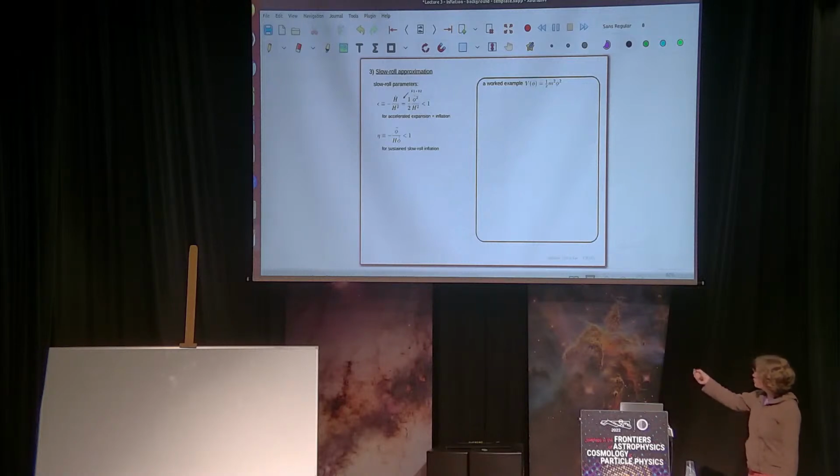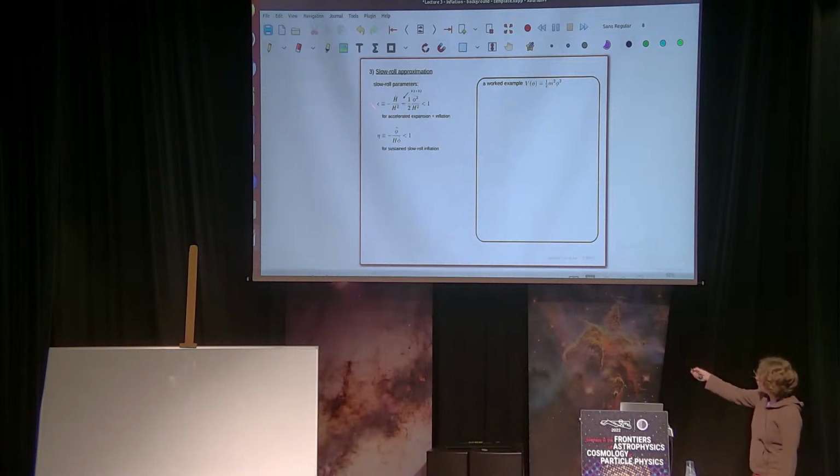In particular, you can show, again using the Friedmann equations, that minus H dot over H squared smaller than 1 is exactly equivalent to demanding that a double dot is larger than 1. So demanding an accelerated expansion of the universe.